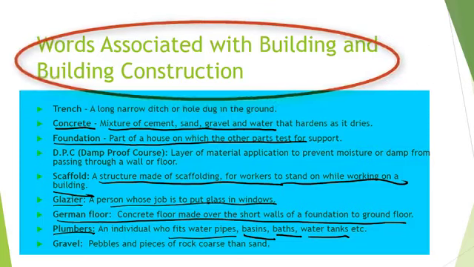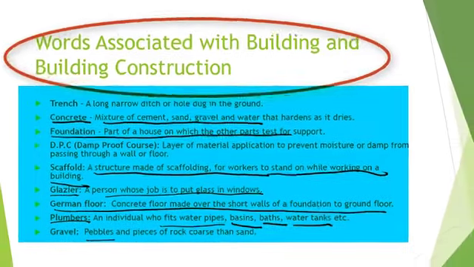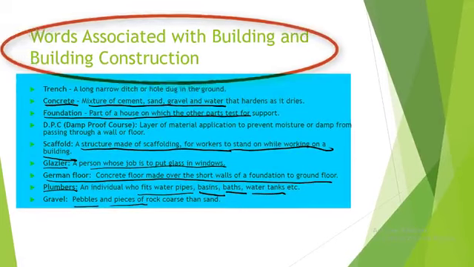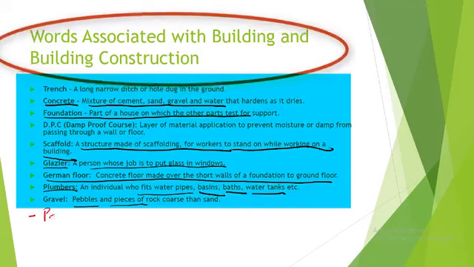Then we also have gravel. Gravel has to do with pebbles or pieces of rocks, and we mix it with sand to form what you call your concrete. Then we also have a painter, and a painter is the person that completes the process by painting the whole building.